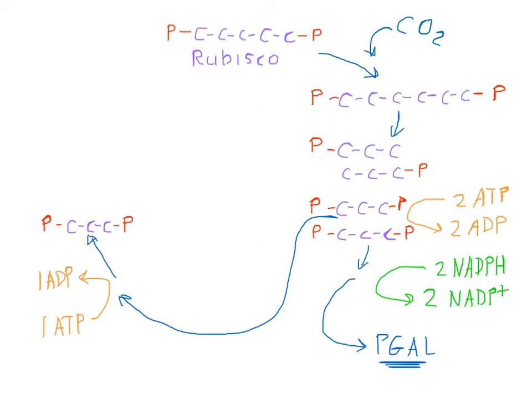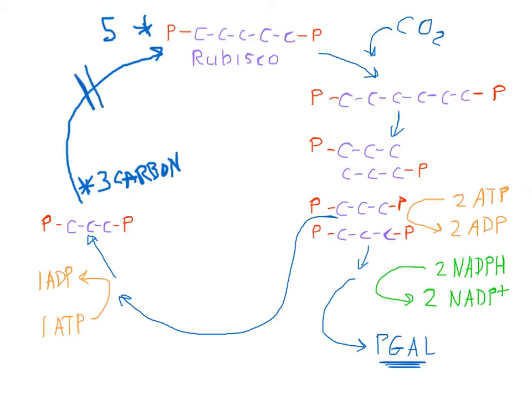Well, it looks like we're about done with the Calvin cycle. The only problem is down here we only have 3 carbon atoms, whereas up here we have 5 carbon atoms. So we can't do this just yet.